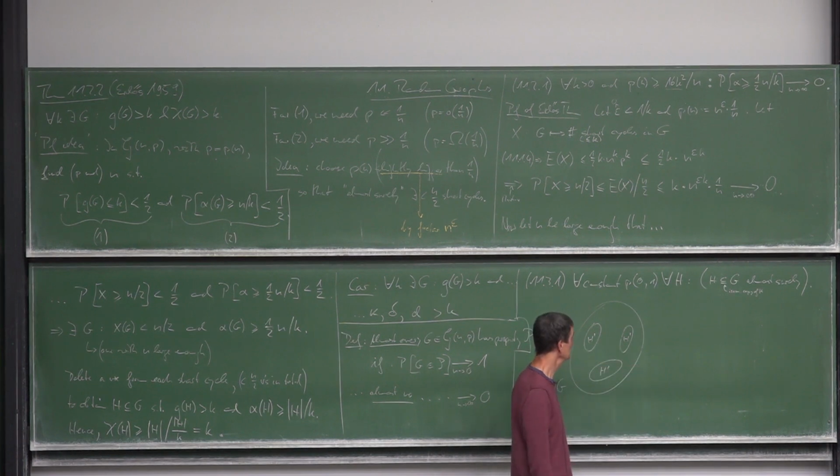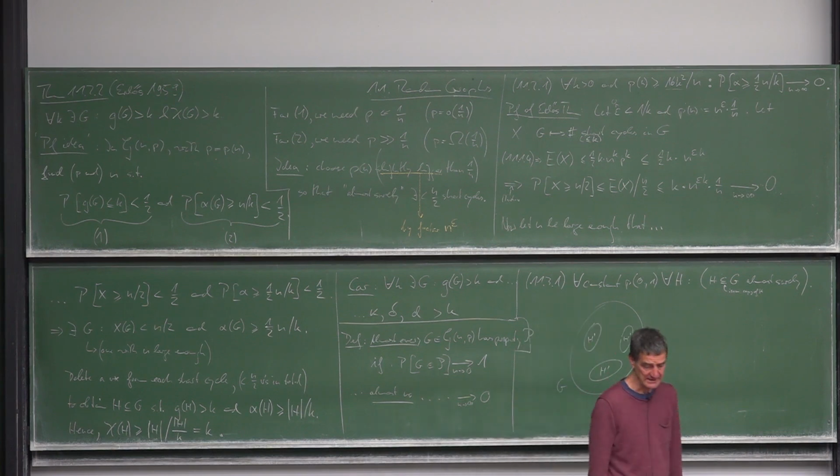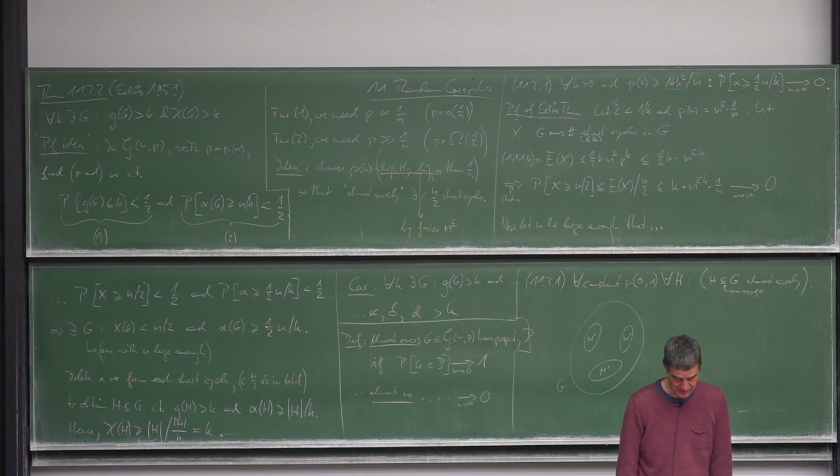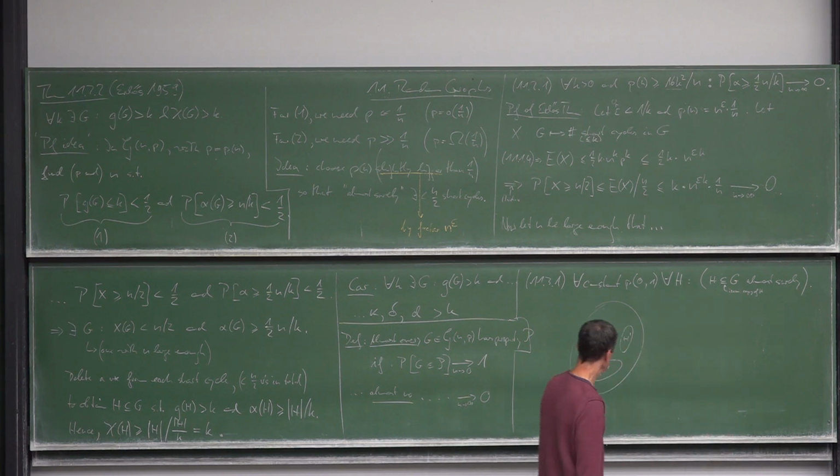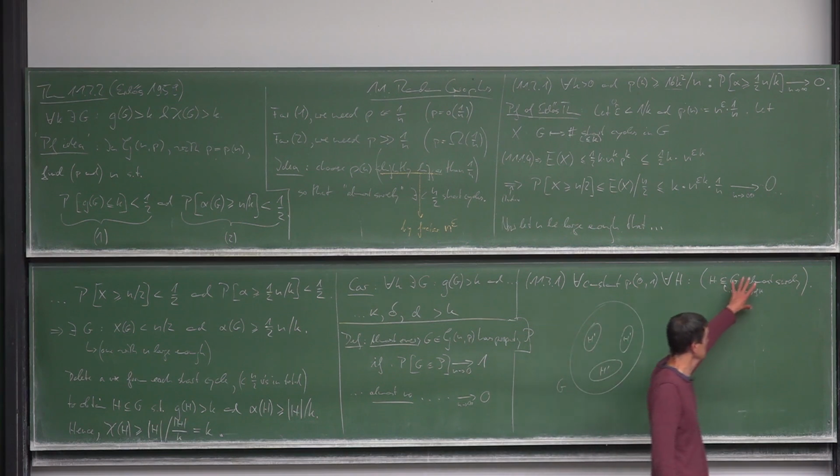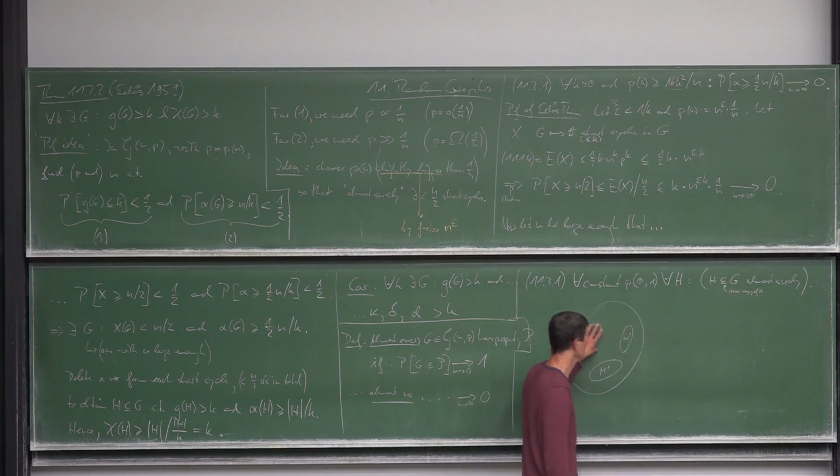And the probability that it fails to lie there is also some number between 0 and 1. Right? And so in order for H not to be anywhere in G, they all have to fail.